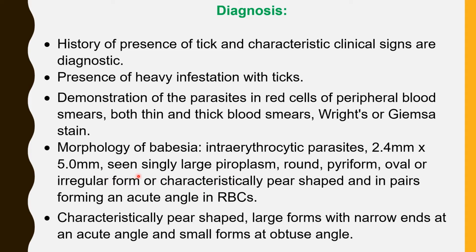The various shapes are large pyroplasm, round, pyriform or pear-shaped, oval or irregular forms. They may occur singly or in pairs. Characteristically, pear-shaped forms in pairs forming an acute angle in the RBC is very characteristic.